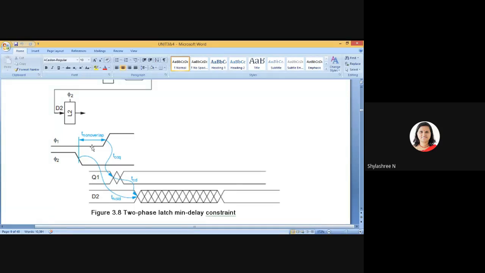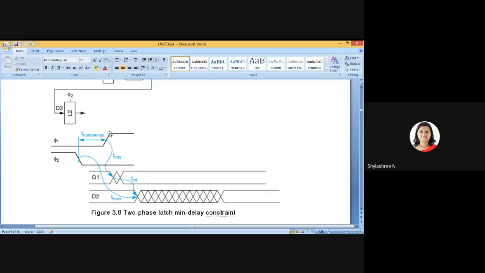But what happens in this case? If T non-overlap is equal to 0, then the contamination delay constraint is the same between the latches and flip-flops. Suppose you're taking the clock and its complement, and T non-overlap is exactly 0, then your contamination delay constraint is the same between the latches and the flip-flops.